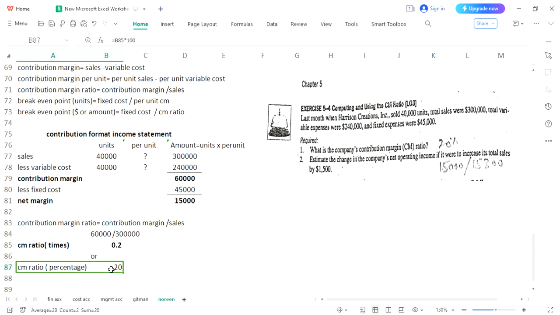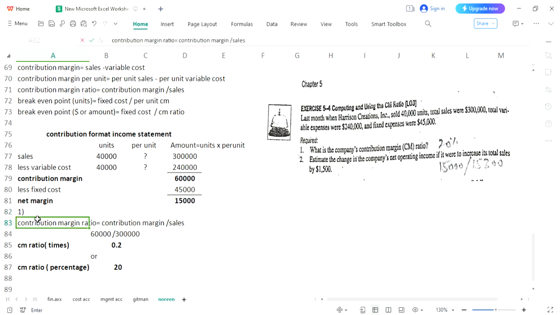We are highlighting the answer. Part A is solved. This was your first part of the question, and now we are going to see what the second part is saying to us. Come over here. Estimate the change in the company's net operating income if it were to increase total sales by $1,500.